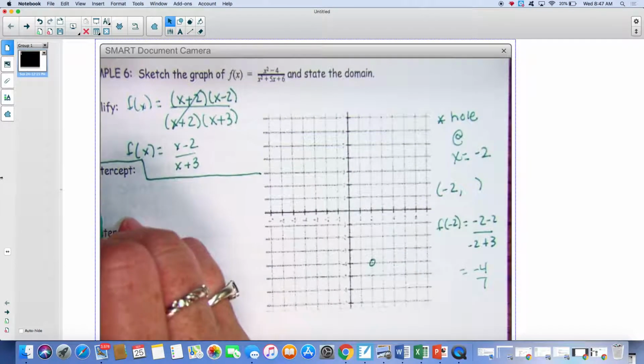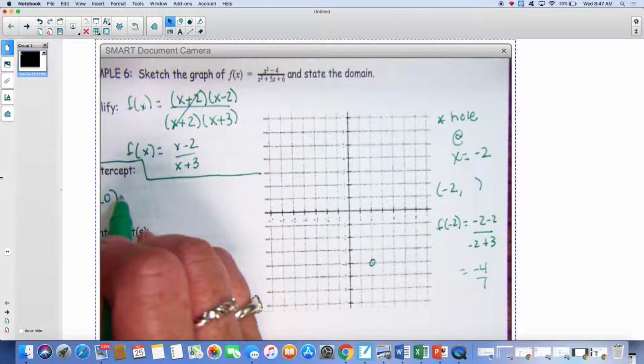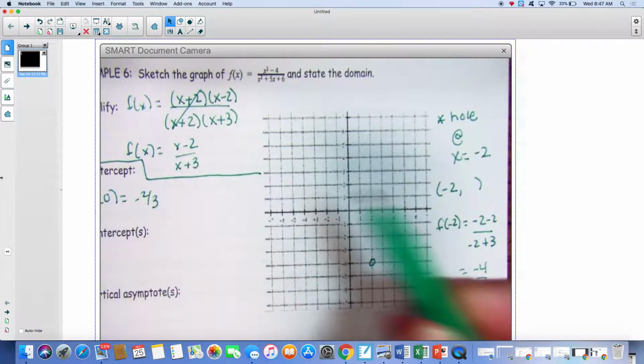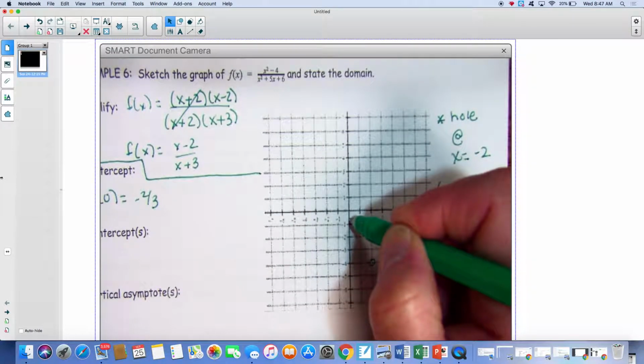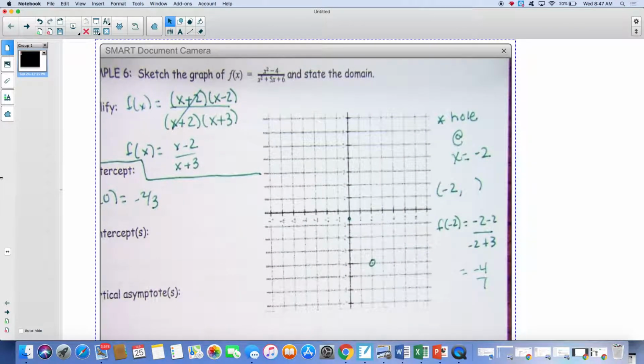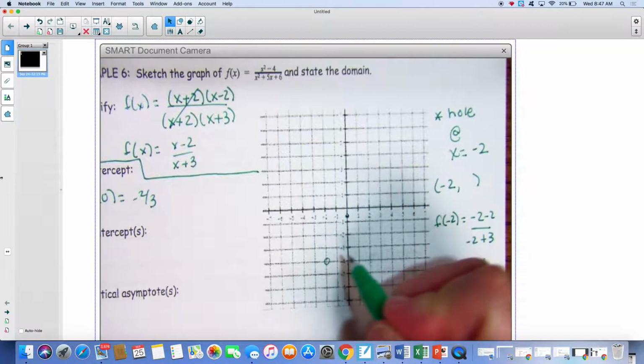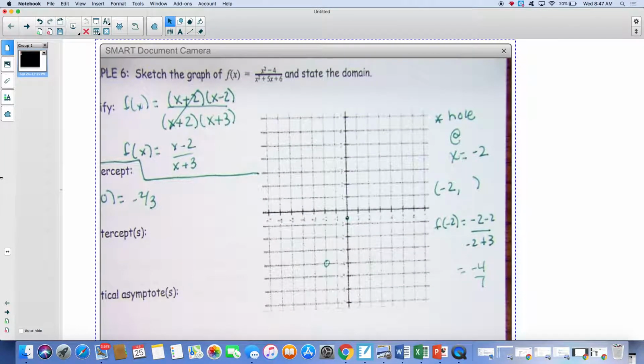Okay, y-intercept is where? Plug in 0 here, what do you get? Negative 2/3. So down here somewhere. You plotted positive 2, negative positive. Yes, I did. Good job, Bobby. Thank you. I eventually figured it out. Things were going wrong and I wondered, what did I do wrong?